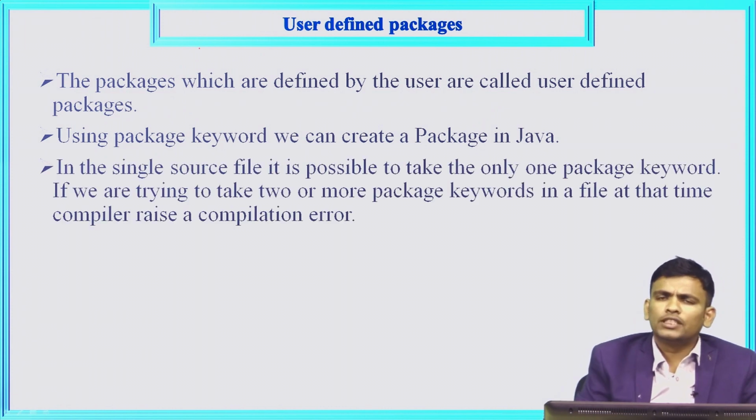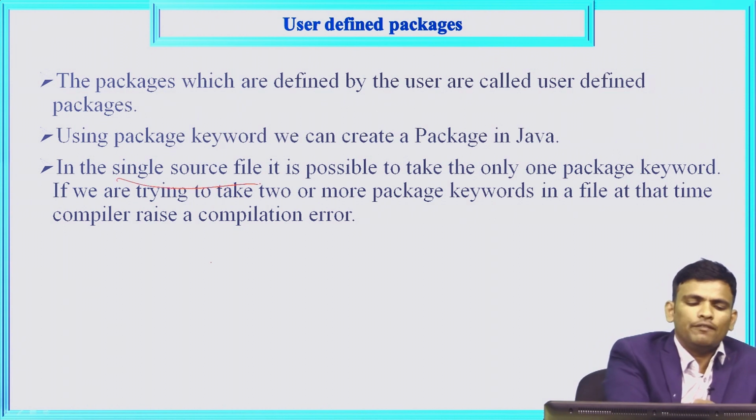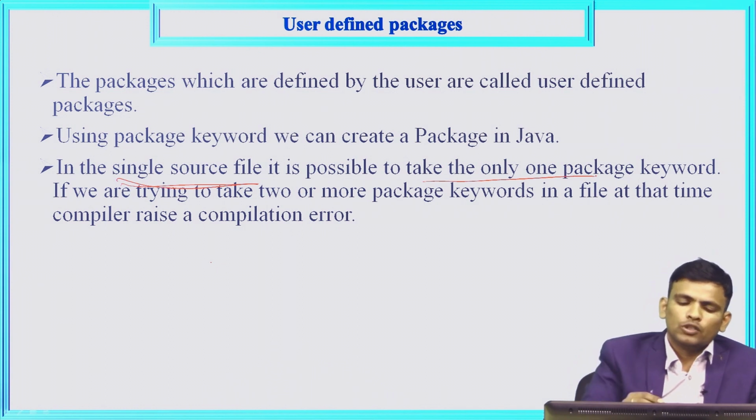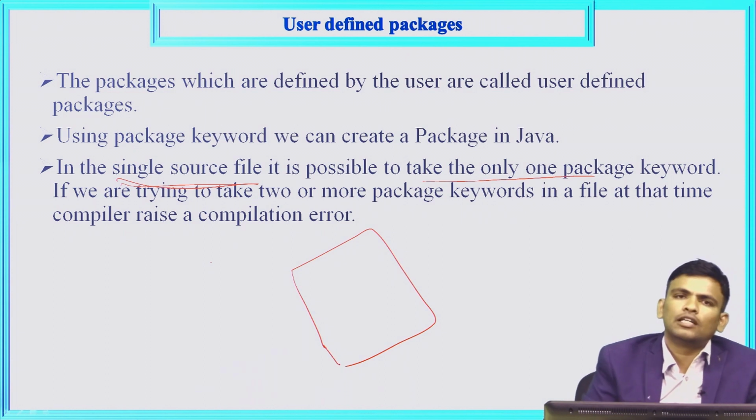Now, how to use this package keyword in a single source file? This point is very important. In a single source file, it is possible to take only one package keyword. Suppose I have one single source file and I want to define a user-defined package.